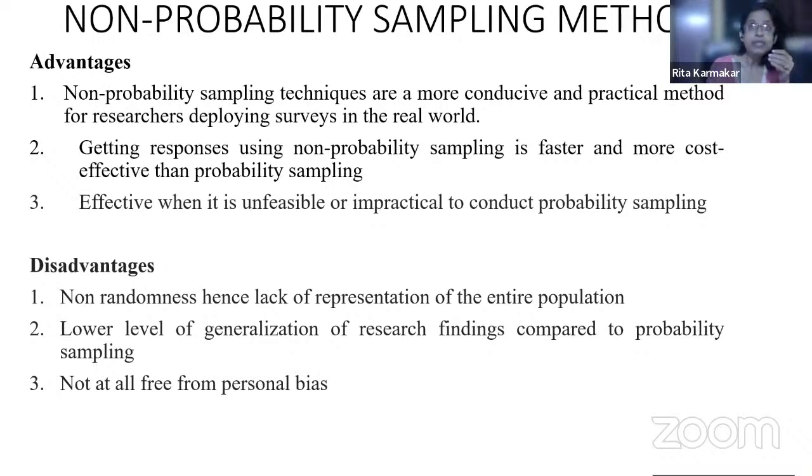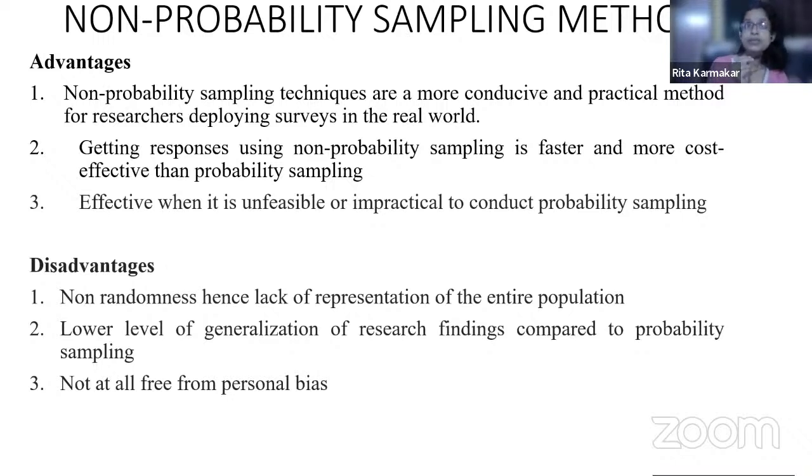But do not think that non-probability sampling cannot be used. I tried my best to give you examples of situations when the non-probability sampling method is the only appropriate way of choosing samples from the population. Probability sampling will not work there.